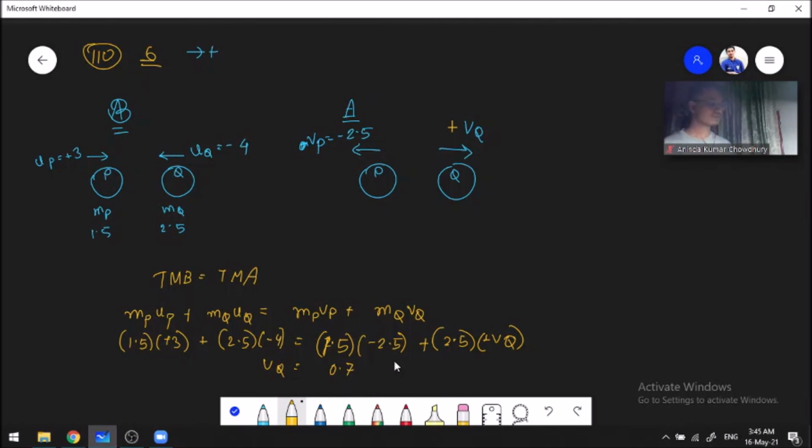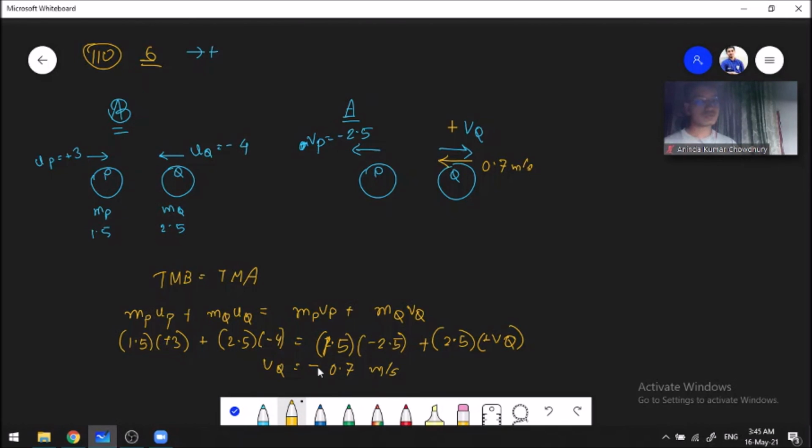So the velocity of Q will be negative 0.7 meter per second. This negative sign signifies that the direction of Q we had assumed after the collision is wrong. We had assumed that Q will be moving towards the right after the collision, but this negative sign signifies that our assumption was wrong. Q will actually be moving towards the left after the collision, and its velocity will be 0.7 meters per second.